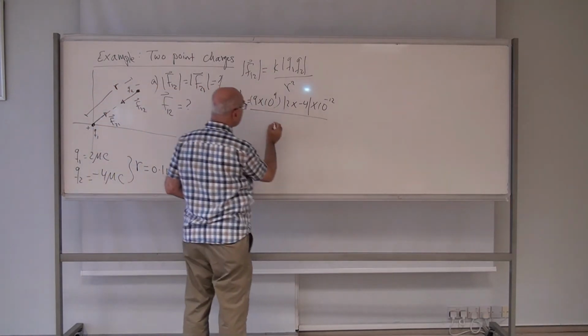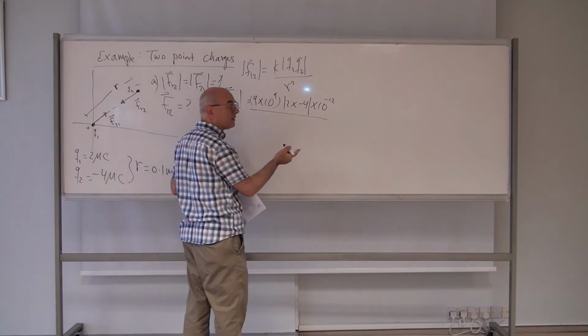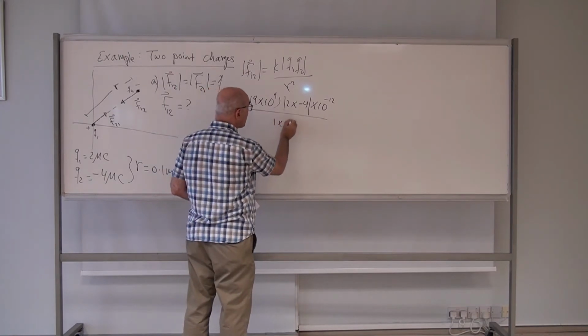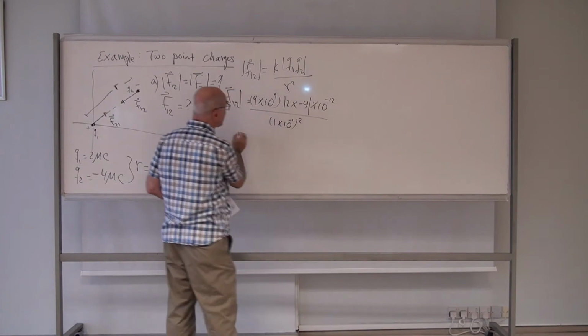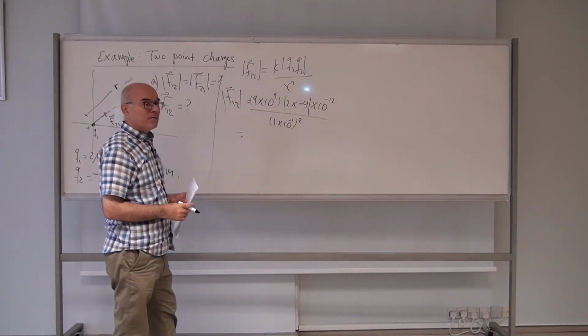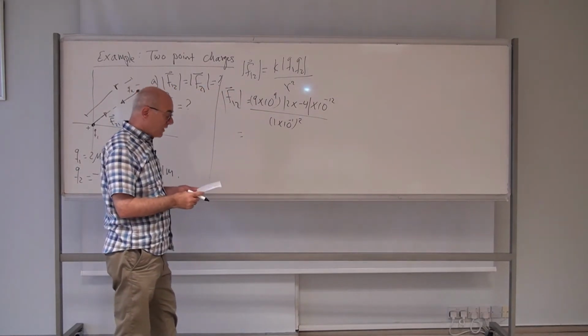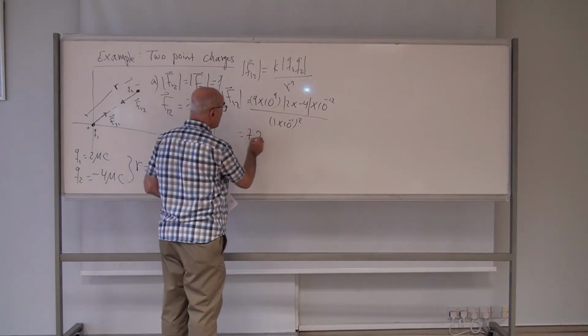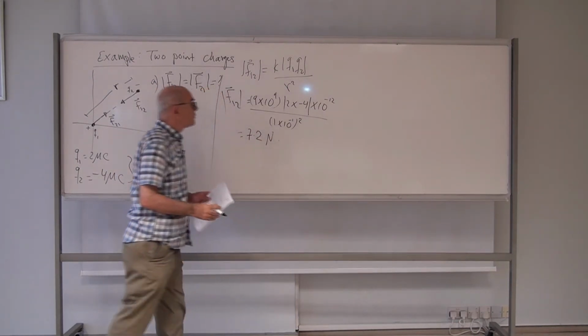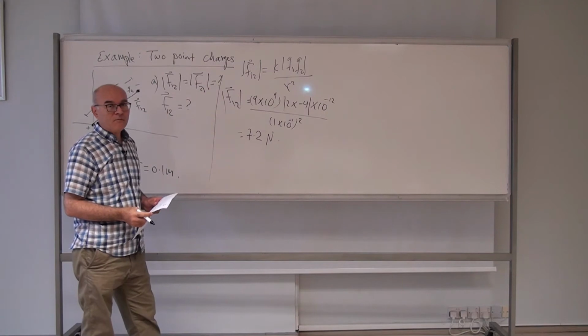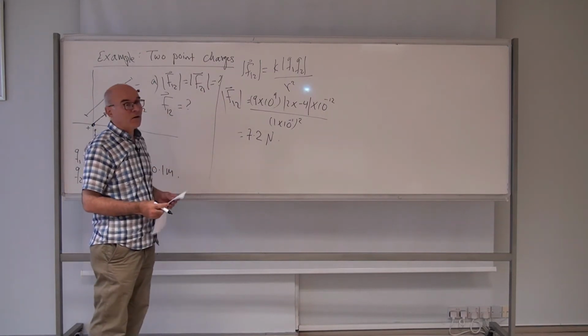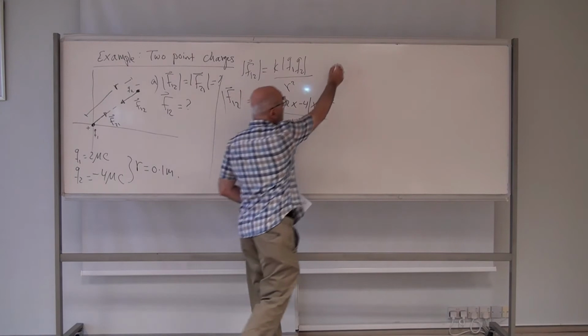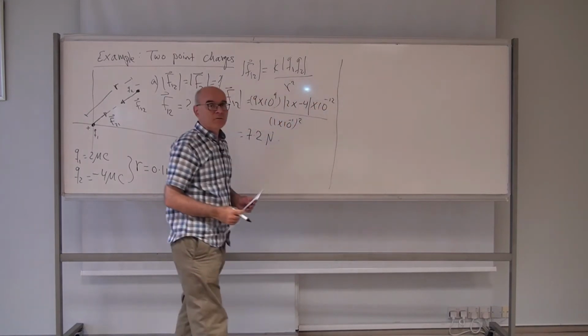And then in the denominator, I have 0.1 meter squared, which is 1 times 10 to the power minus 1, squared. And if you do your calculations, then you get 7.2 newtons. So this is the magnitude of this force. Now, this is the easy and straightforward part of the solution.